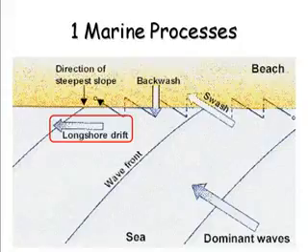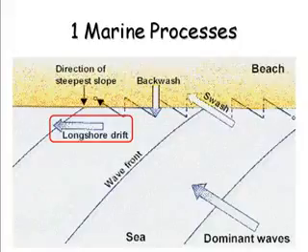What it means is the swash phase of each wave will push material up the beach at an angle, whatever the angle is that the waves are arriving at. Gradually the wave will lose energy as a result of friction with the beach until gravity takes over, and that will then cause the backwash phase to kick in.